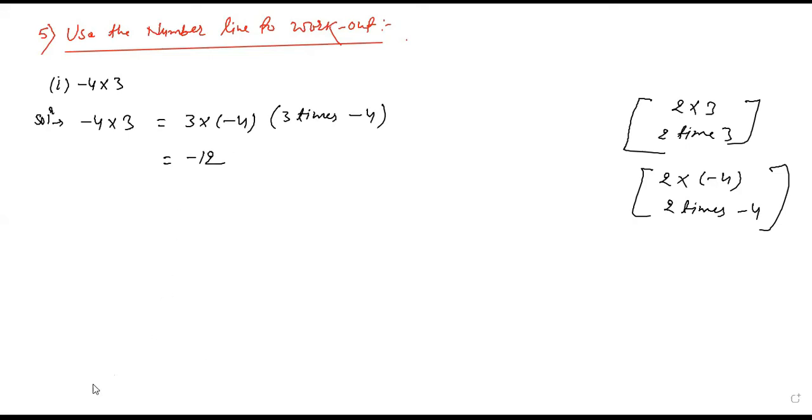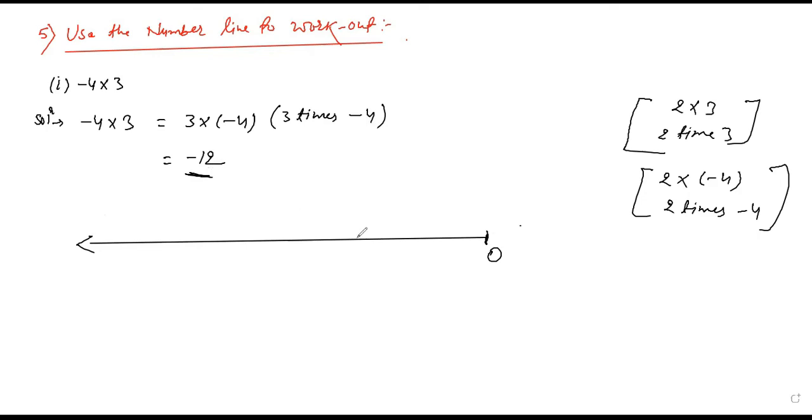Now we represent this sum on the number line. Our integer result is a negative integer, so we have to take the negative side only, means to the left side only. Just start from 0, the origin. If you go to the right side after 0, that will be your positive side. But we have to get our value on the negative side because the result is negative 12.